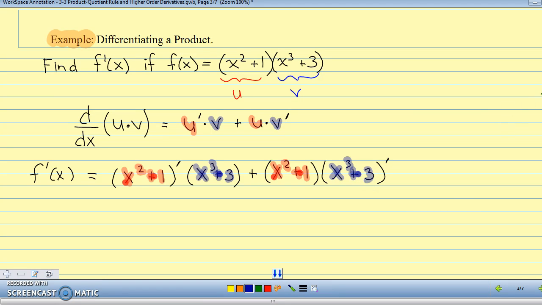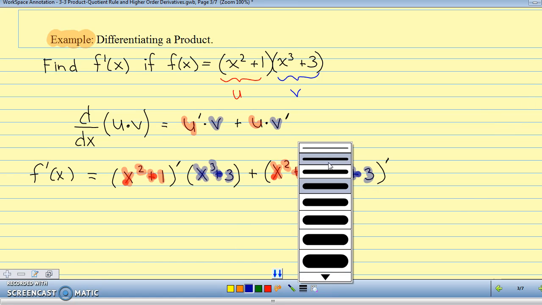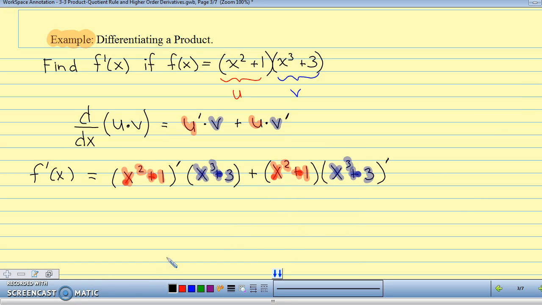Now what we have to do is take the derivative of the prime ones. So this one becomes 2x plus 0. We learned the power rule in the last video also. So we take the 2 to the front and subtract 1 from 2 on the exponent, and you get 1.